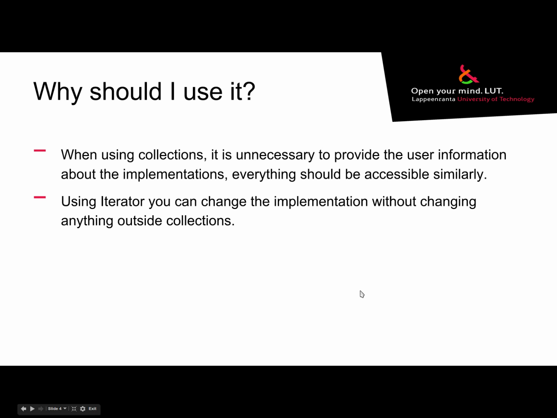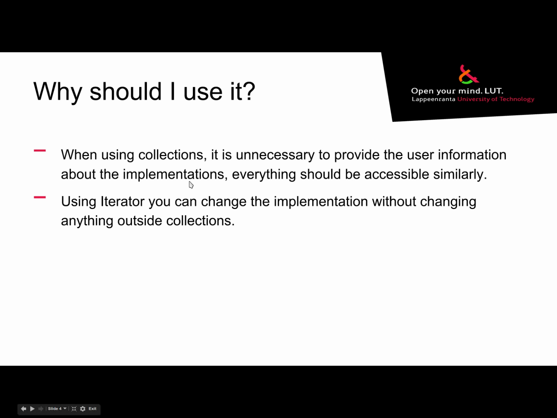So why should we use iterators? If you think about using collections, for example an array and a stack, do you want to implement those separately, or do you just want to use the same methods similarly without hassling?